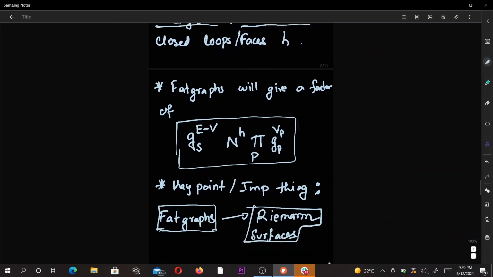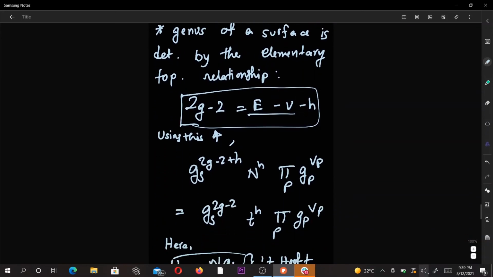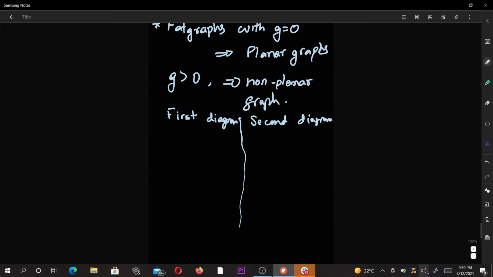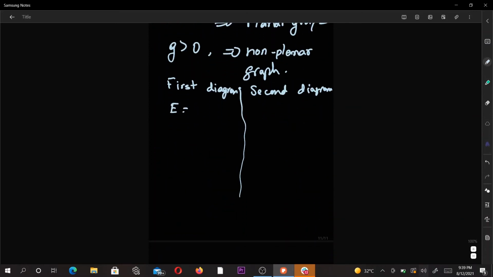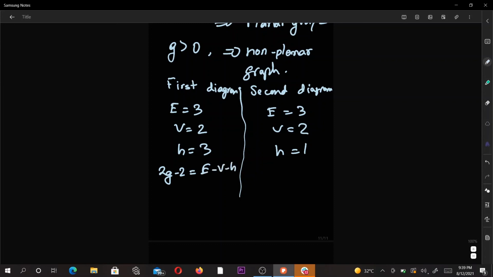So now let's use this topological relationship and find out. You have edges 3, vertices 2, holes 3; and edges 3, vertices 2, holes 1. Now if we compute edges minus vertices minus holes, that's 3 minus 2 minus 3, so it's minus 2.